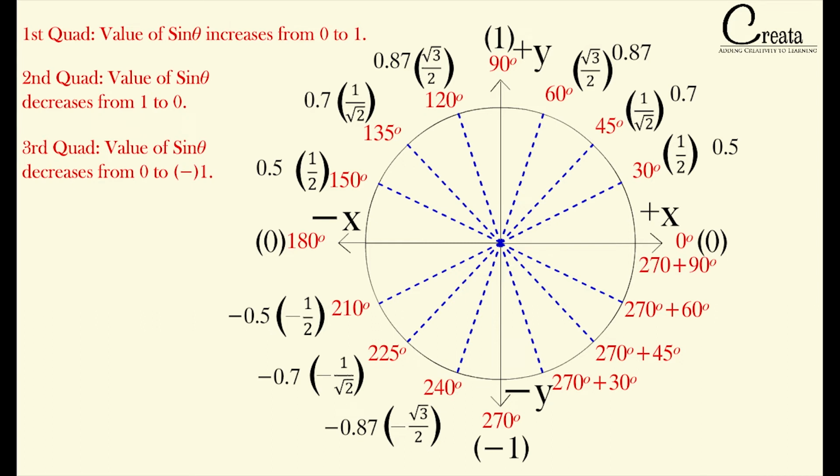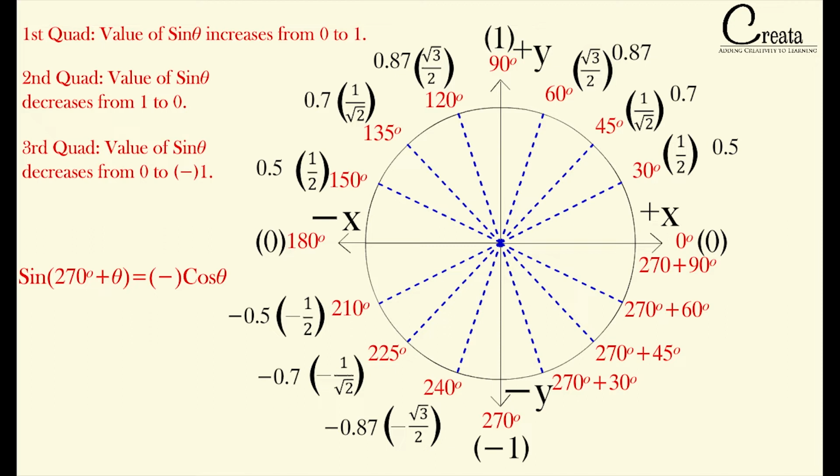Same funda applies here. The formula applicable will be sine 270 plus theta. We know that at 270 degrees, sine changes to cos, and in the fourth quadrant only cos is positive, that is All School to College, C for college, C for cos. So our sine will be negative here. So our complete formula will be sine 270 plus theta is equal to minus cos theta.